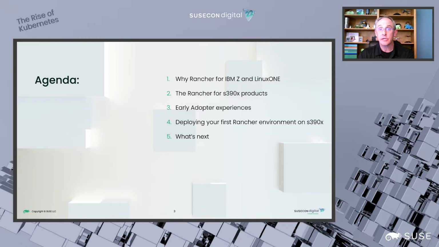I'll jump back into introducing the early adopter program. Andy Hartman will share his experiences as a Rancher on Z early adopter. And then I will wrap up the early adopter section as well as talk about deploying your first Rancher environment on S390X and also what's next.